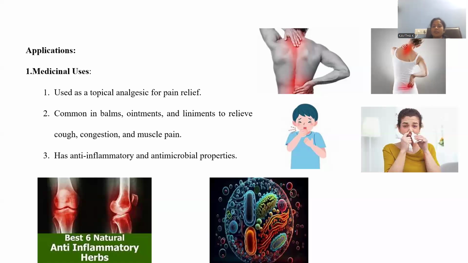Whenever synovial fluid is not there, direct rubbing of the bones induces severe pain wherever joints are present. That is also a kind of inflammation. Wherever such direct bone friction is possible, there is a possibility for inflammation. Such conditions are also mitigated or minimized by means of camphor.